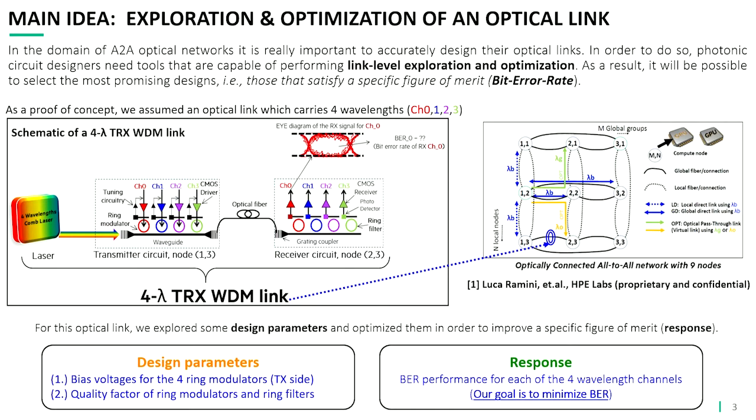For the exploration, we picked 6 design parameters for the whole circuit. The 4 bias voltages for the 4 ring modulators, the quality factor for the transmitting rings, and the quality factor for the receiving rings. And for the response of the circuit, we looked at the bit error rate for each channel with a goal to minimize them.